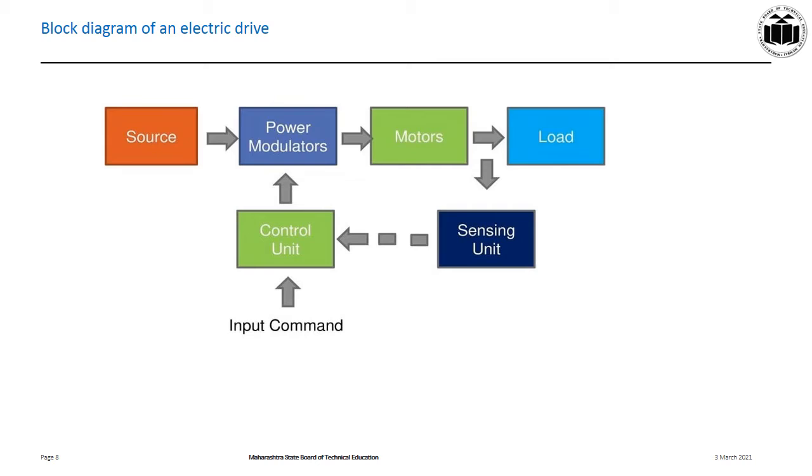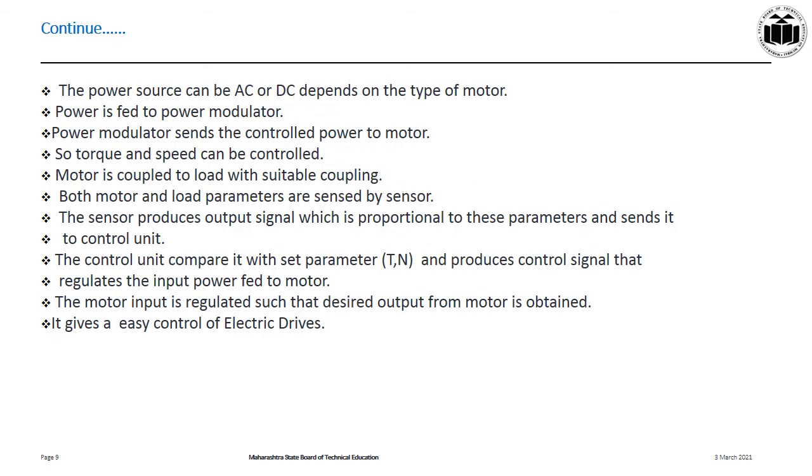The control unit compares it with the set parameters and generates the control signal. This is how it regulates the input power fed to the motor. So this is how the working of electric drive is accomplished. In the given slide, the explanation of the block diagram of electric drive is given.